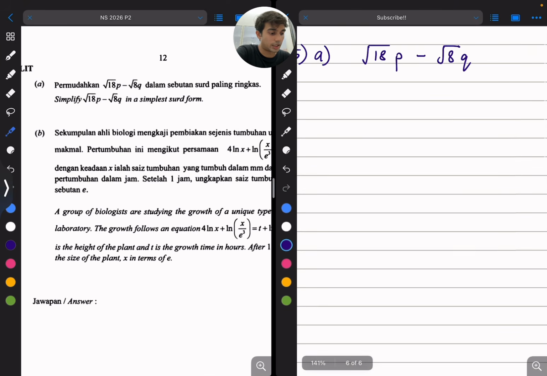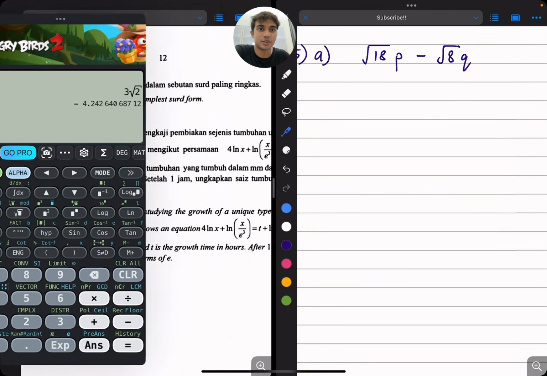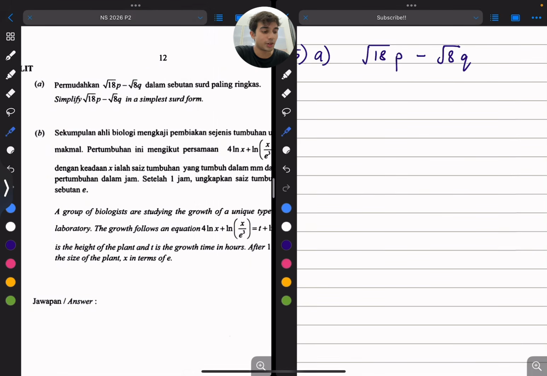Okay, so surd 18, we can split it. This one you want to simplify, you need to show your working now. Of course, you can do it in your calculator, but I think they want to see your working. In your calculator, it will straight away give you the answer lah. Surd 18, it gives you 3 surd 2, but they want you to show how you got that.